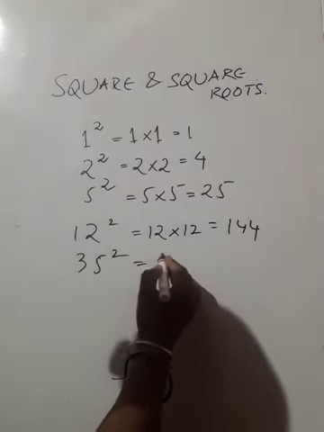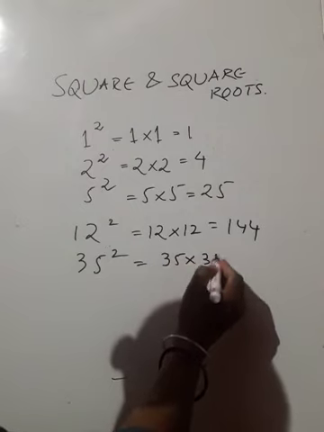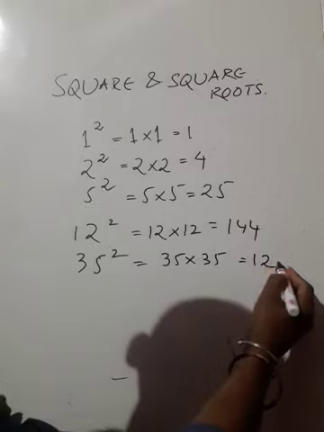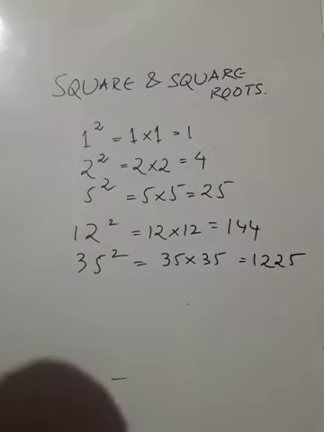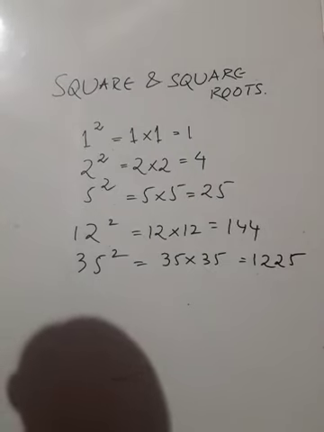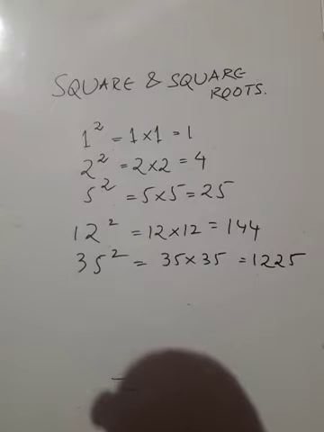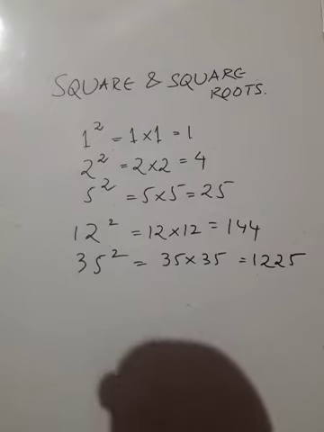This one becomes 35 into 35. I get 1225. I guess by now you have understood what a square is and how to find out the square of any number.